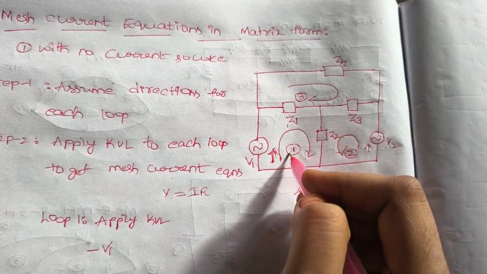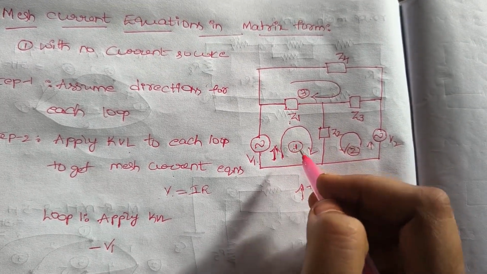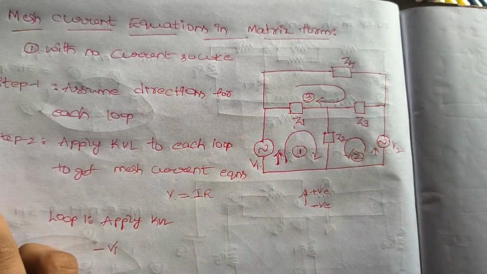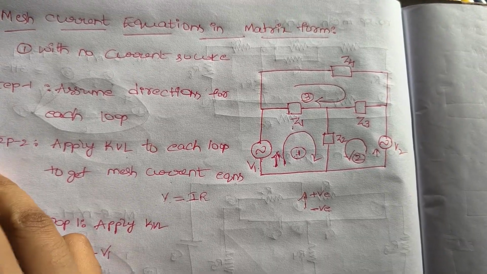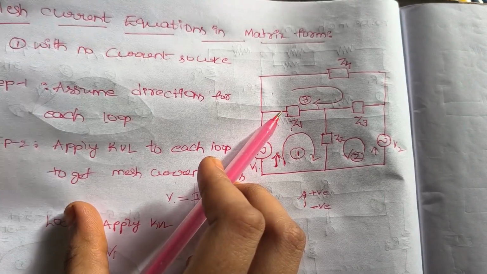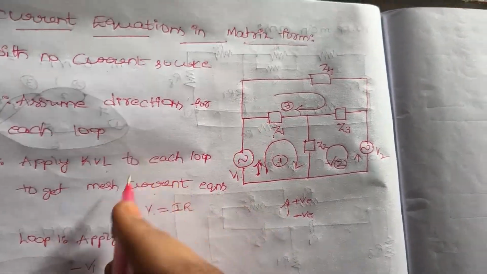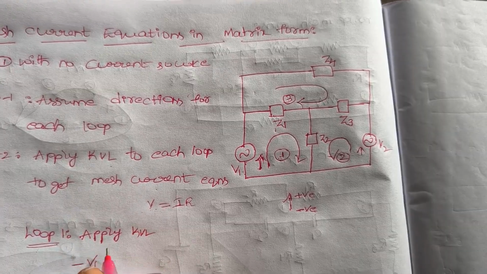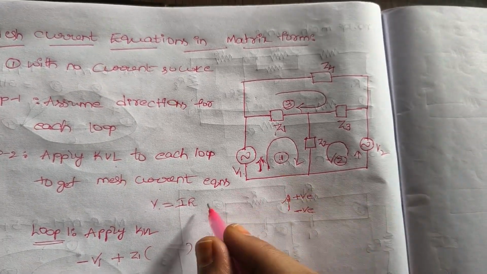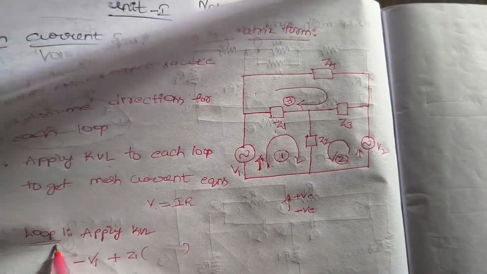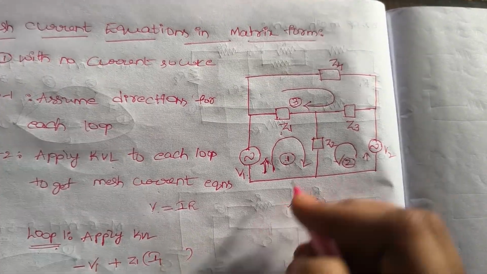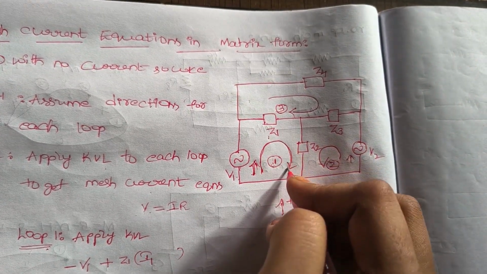For loop 1 we take the I1 current, for loop 2 the I2 current, and for loop 3 the I3 current. For loop 1, the I1 current and for loop 3, the I3 current, these two currents pass through the Z1 element. When writing for loop 1, we take Z1 into I1, which is in the clockwise direction.